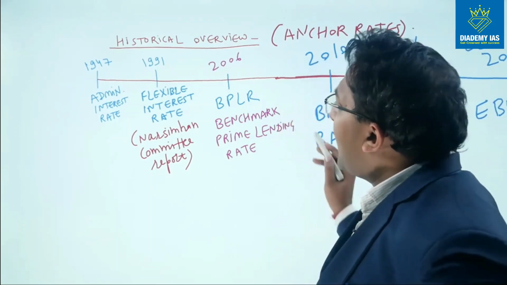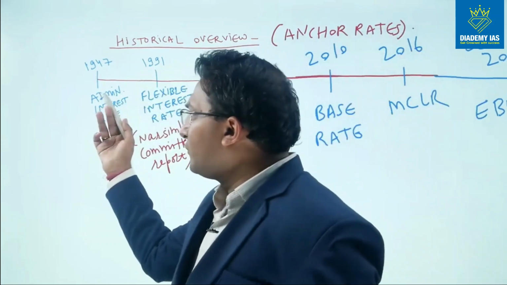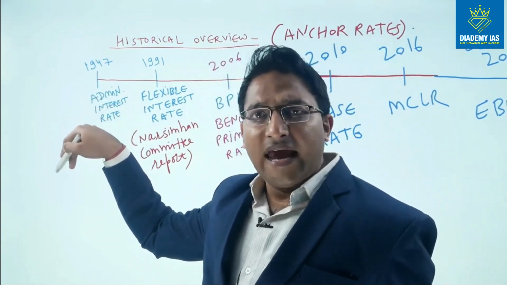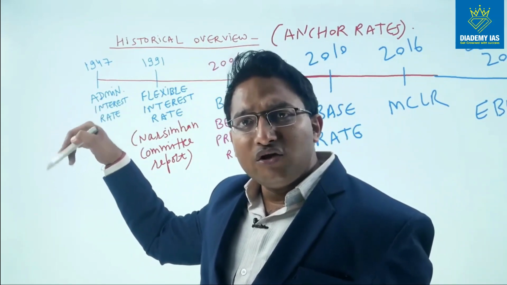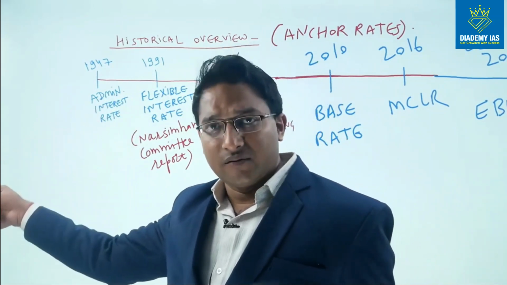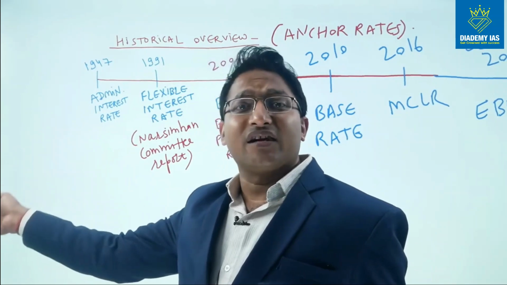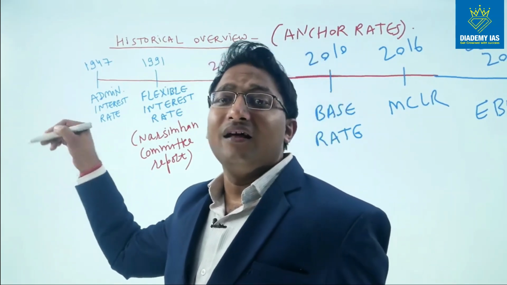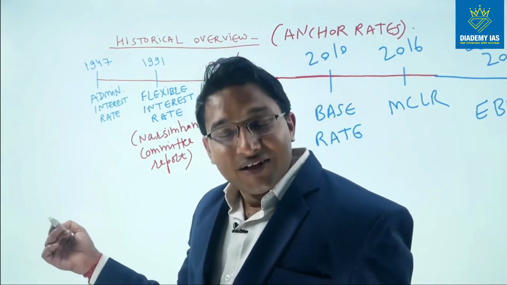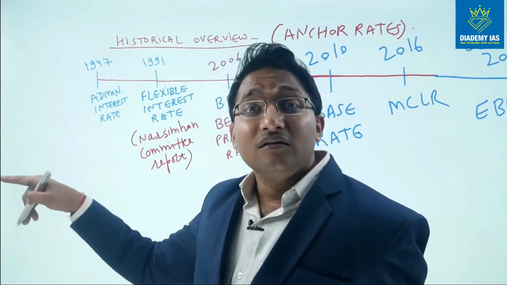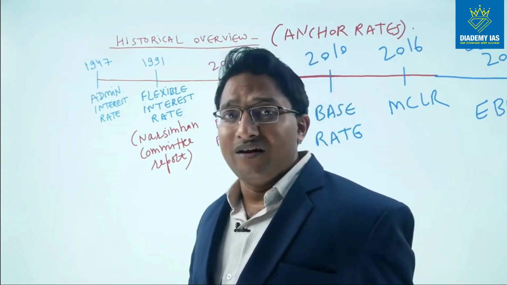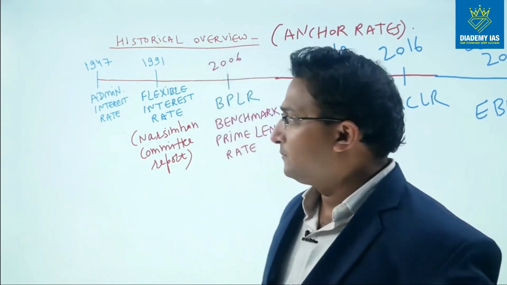Now, starting from the independence time. So before the independence, in India, we had majority of the banks in the private sector. Being in the private sector, it was their choice that how they want to determine the cost of lending. So till the independence, the private sector was the dominant force, and they will automatically determine their cost of lending.